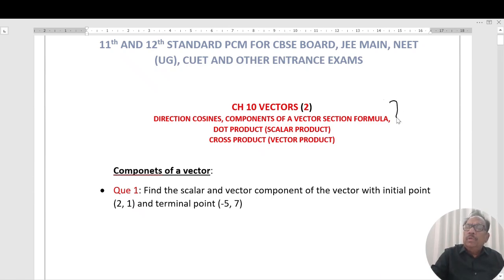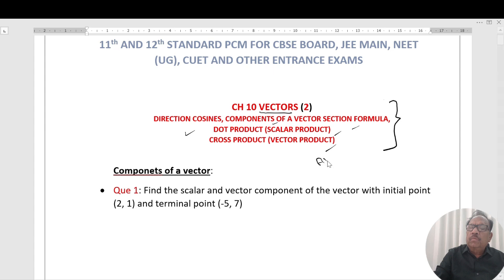In today's session, I am going to discuss the chapter Vectors, in which I am going to discuss direction cosines, components of vectors, section formula, dot product, cross product. All these topics are being cleared by using questions.